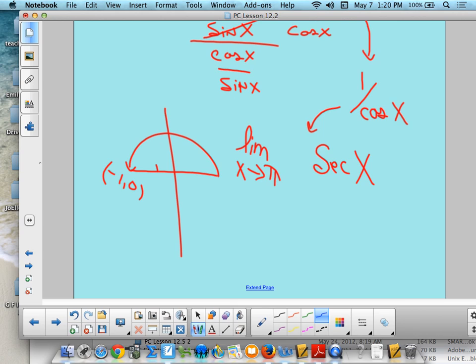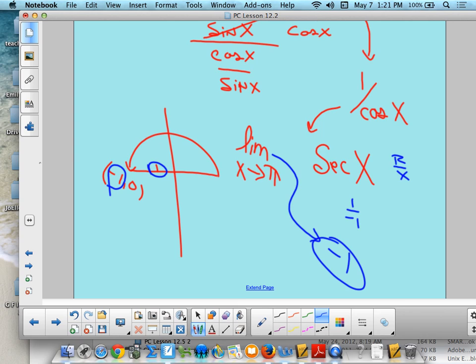Secant is the reciprocal of cosine. Since cosine's x over r, secant's what? r over x. Oh, okay, well, what's r? 1. What's x? -1. So this answer would be 1 over -1, or better yet, the limit is just -1.